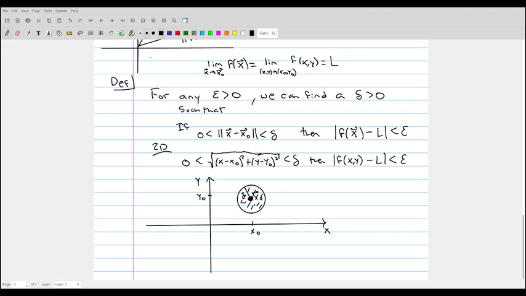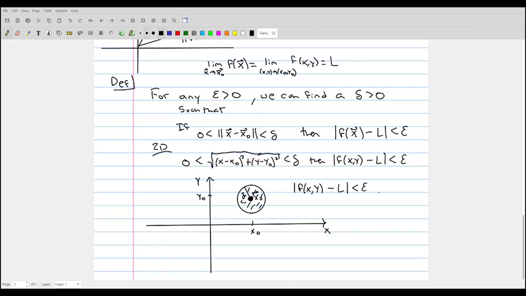This is saying that for any value of epsilon, no matter how small you want to make that value of epsilon, you can find a value delta such that within this delta region, so if you're inside this region right here, then the value of the function in this region minus the limit is always going to be less than epsilon.